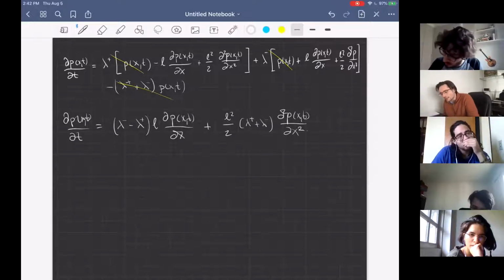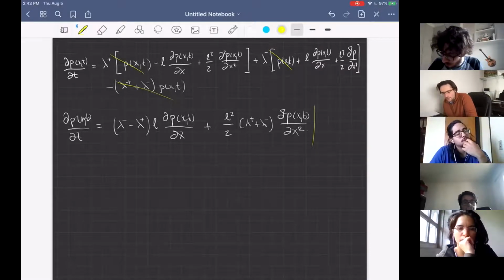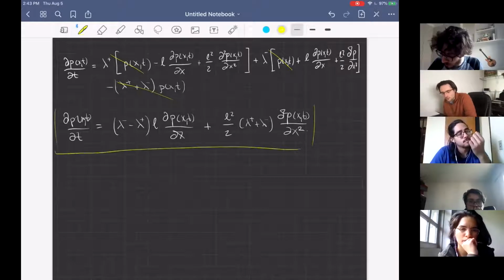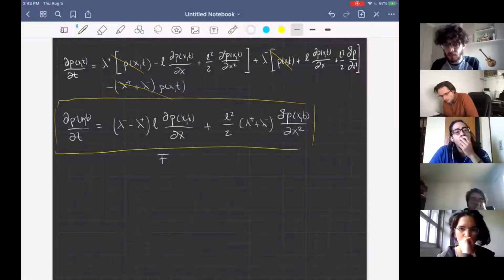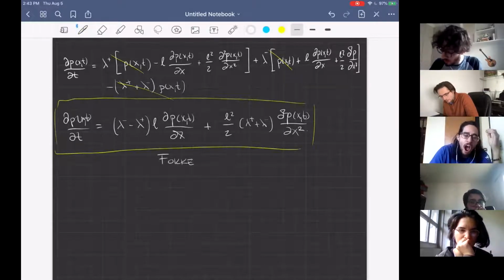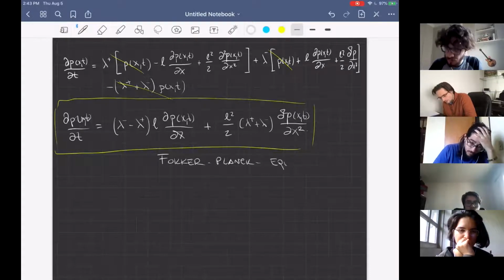This expansion that I did here for a very, very simple case, and in a situation that is easier than usual, is an approximation to the master equation that is called the Fokker-Planck equation.